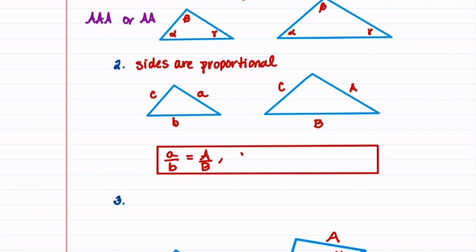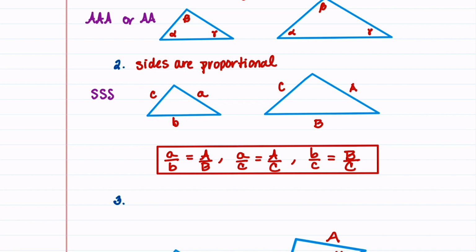And then we could say a is to c as big A is to big C. And then lastly, b is to c as big B is to big C. And we'll use that type of mathematics a lot when we talk about proportionality. Let's label this type of similarity as SSS, meaning all 3 sides are proportional.